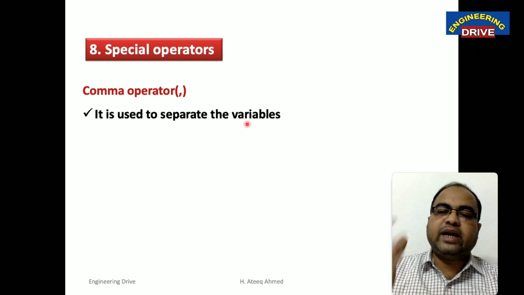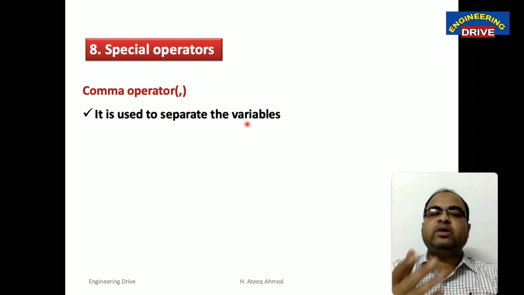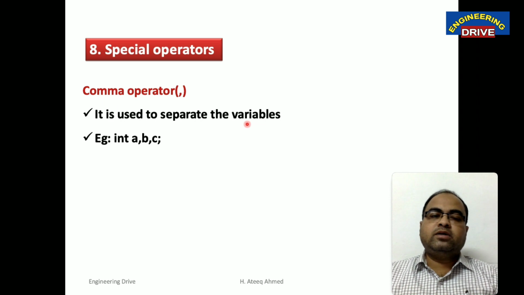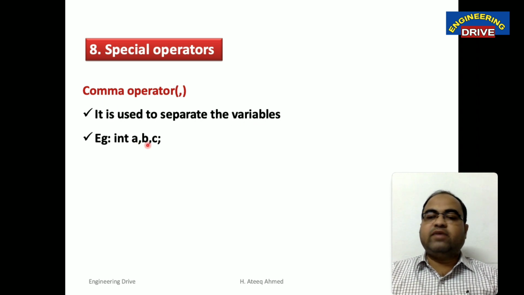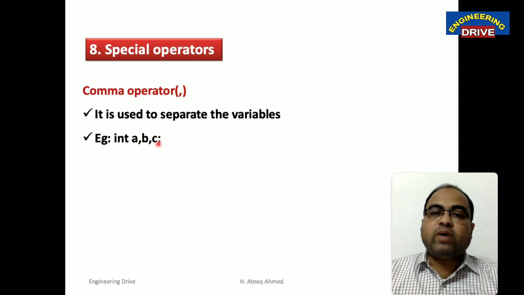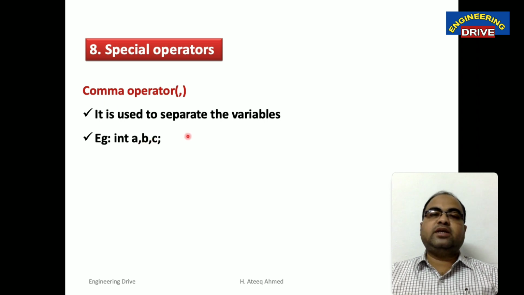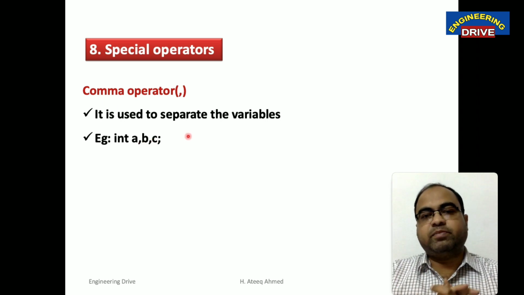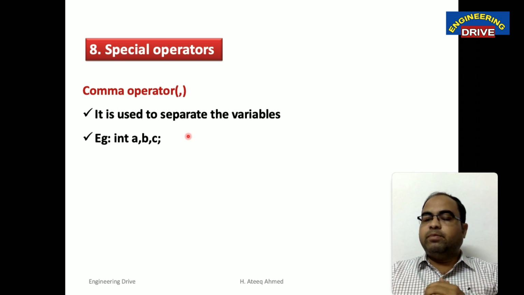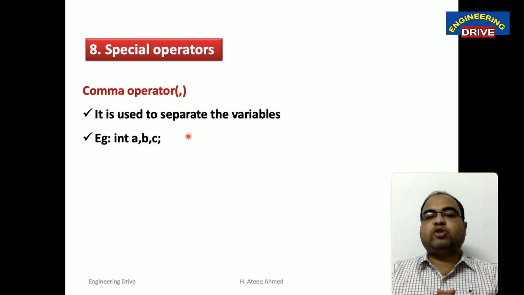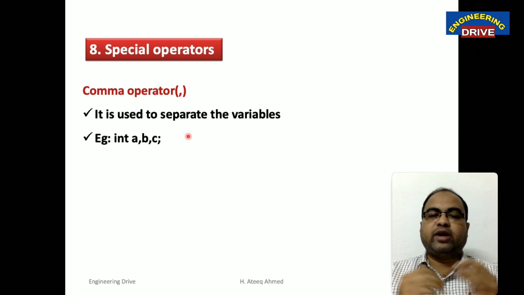Suppose you want to declare multiple variables, then you can make use of the comma operator. For example, int, here I want to declare 3 variables: A comma B comma C, semicolon, which ends the statement. So dear students, I believe that you have got clarity on these 8 categories of operators supported by the C programming language.